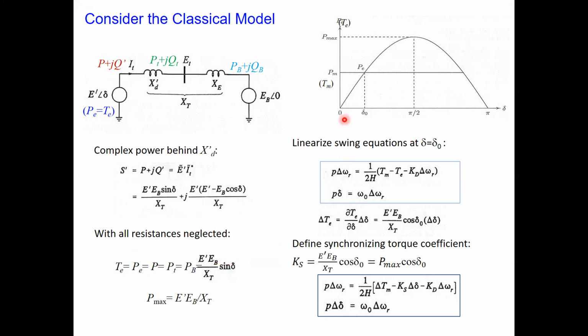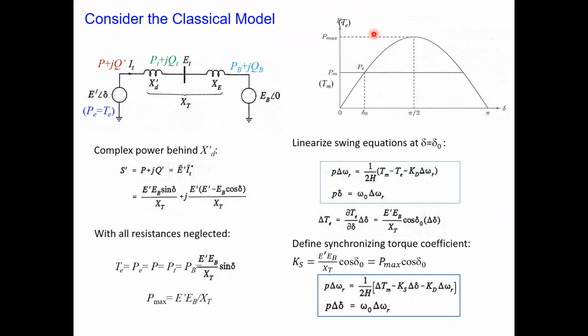This quantity is sinusoidally varying. So when your angle delta is 90 degrees, PE or TE will be maximum, and it is this quantity.